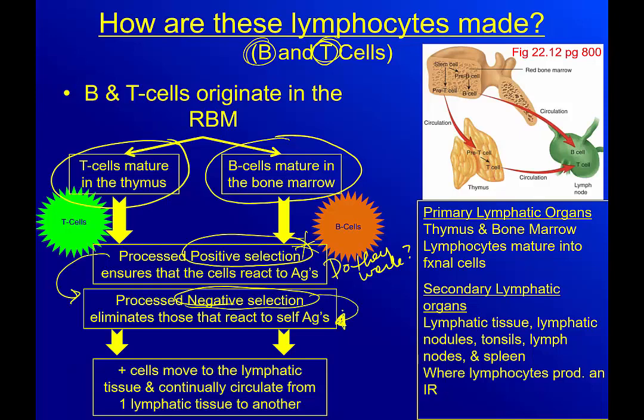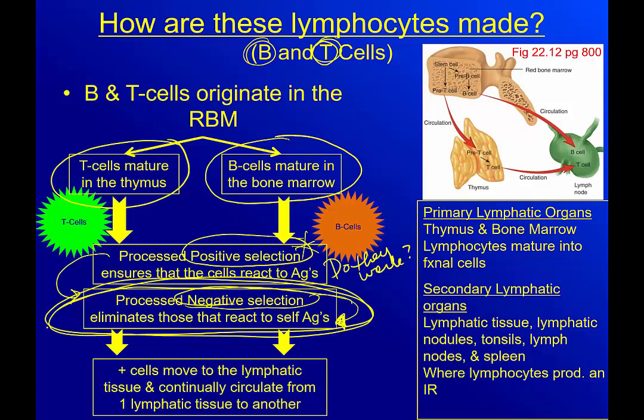In other words, if they respond to a self-antigen, I kill them because I don't want them attacking my own body. Autoimmune diseases is when this step goes wrong. When your immune system is attacking your own body, somewhere in the scheme of things, when testing was done, they got past negative selection.